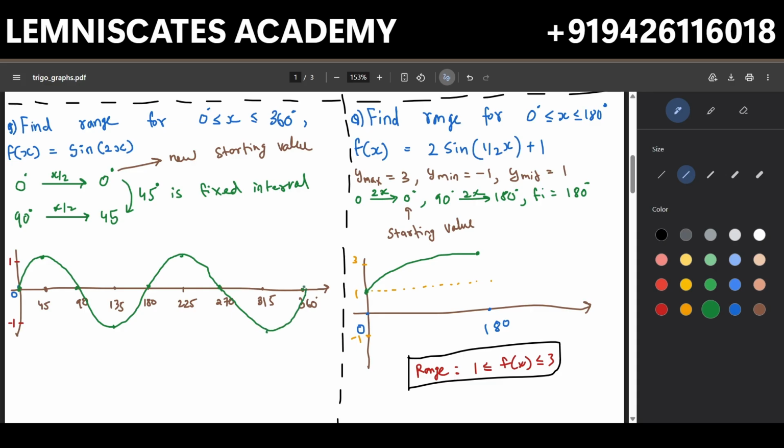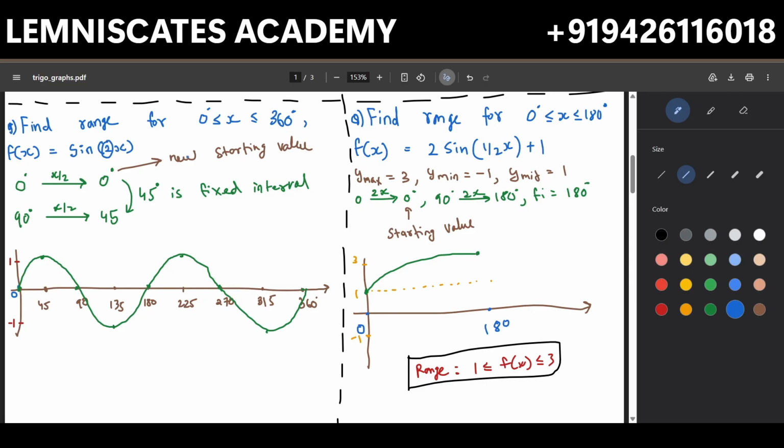And my answer over here will be going from -1 to 1. That will be the range. Now let's say we are not supposed to draw the graph. Minimum to maximum will be the range. I told you that if in your domain there is at least one complete cycle, then of course it will go from minimum to the maximum.